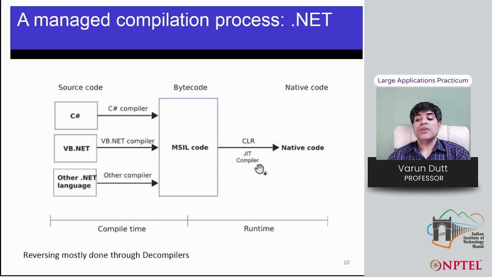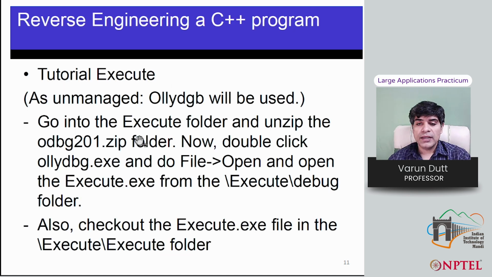And then when we actually execute the file, the just-in-time compiler will create the native code or the executable file to run it. And therefore, because the bytecode is hardware independent, we can go back from the bytecode to the source code, and therefore we have something called the decompilation process.